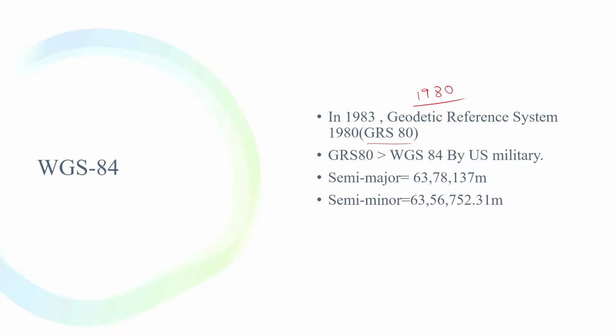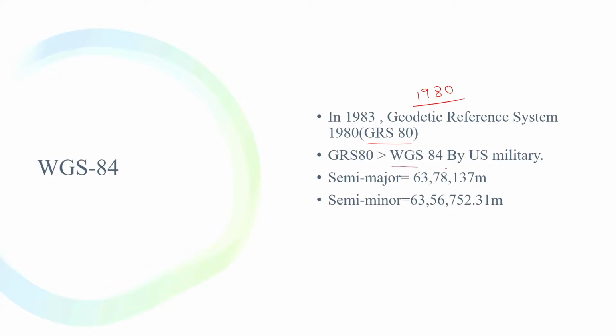For that, it is known as GRS-80, and the US military developed it in 1984 and refined the values of the major axis, minor axis, and the other spheroidal shape of the Earth's surface, and then it's known as WGS-84.